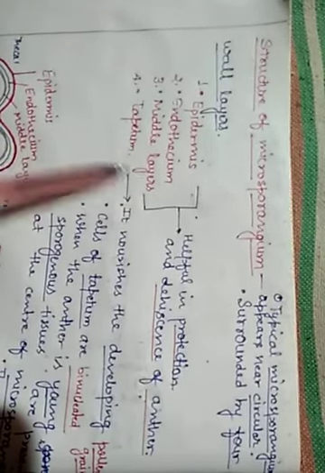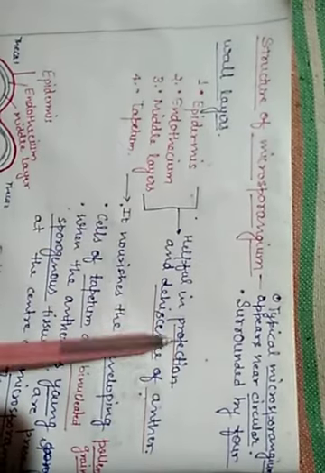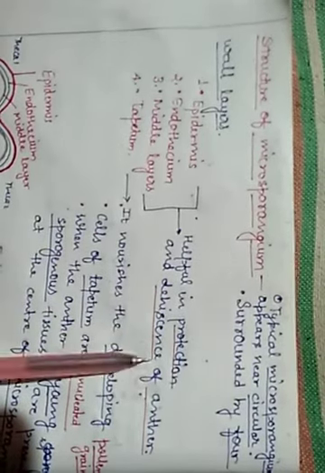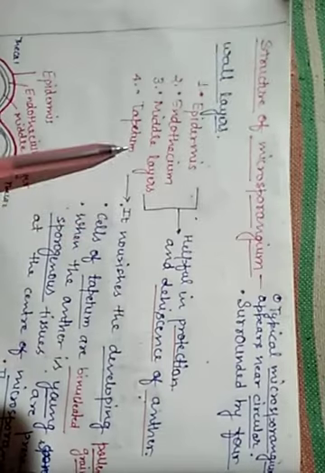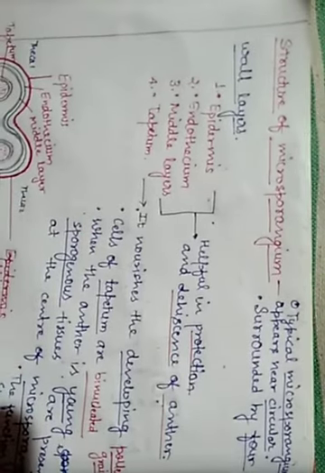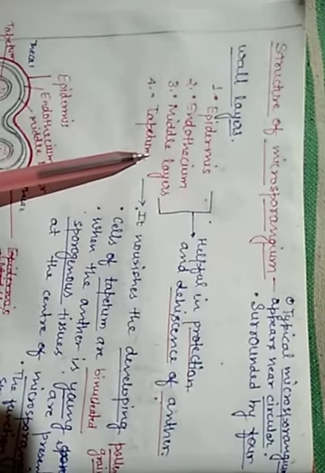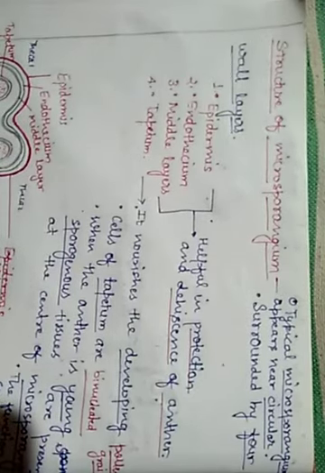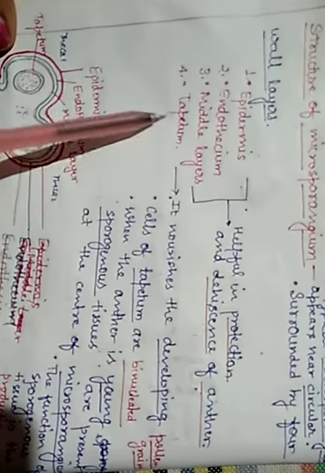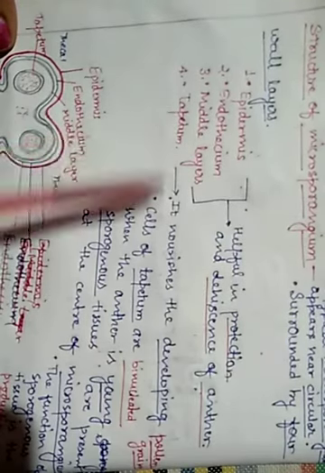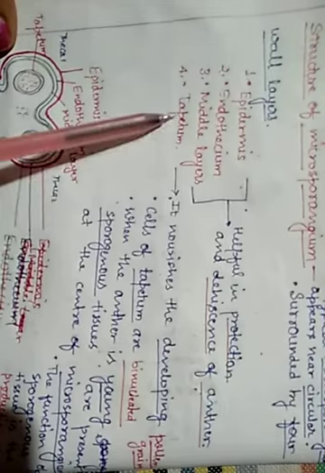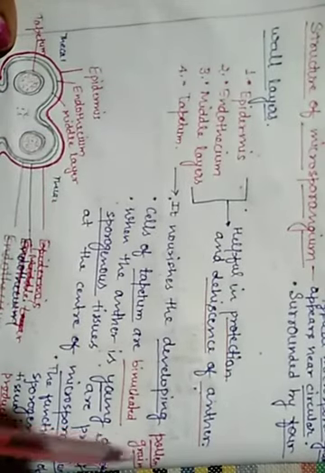Out of these 4, the first 3 are helpful in the protection as well as the dehiscence of the anther, and the 4th one, what is it? It is the tapetum. It provides nutrition to the newly developed pollen grains. As mentioned here, the work of the tapetum is that it nourishes the developing pollen grains.